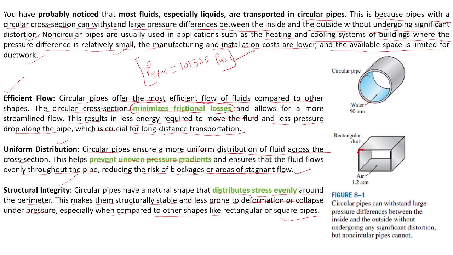That's why we use the circular pipe, especially in the case of liquid transportation. Here in the figure is your circular pipe, and here is your rectangular duct. You can see the circular pipe can withstand large pressure difference between the inside and outside without undergoing significant distortion, but the non-circular pipe cannot do this.